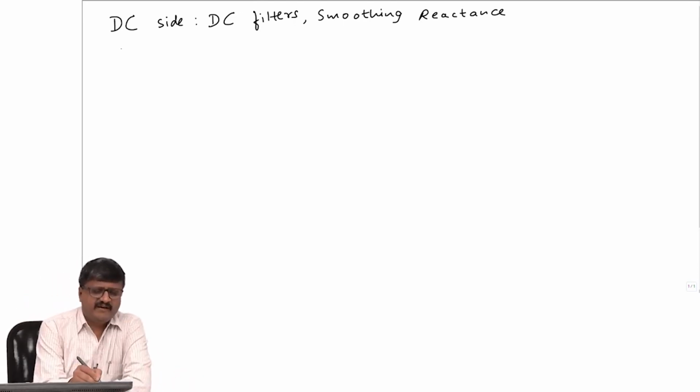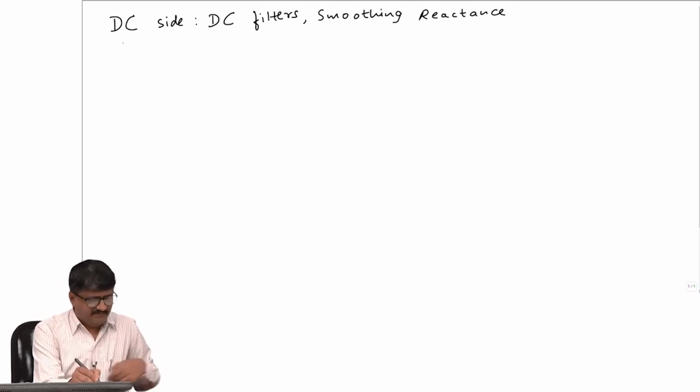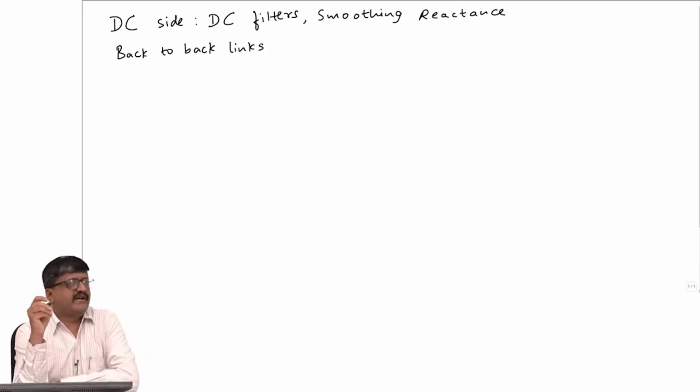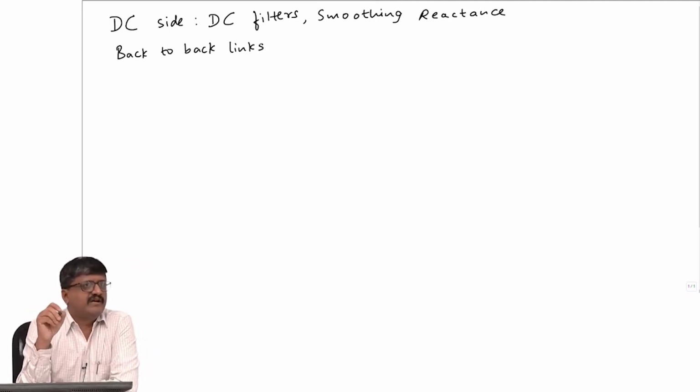If I have only back-to-back links, that means we need to interconnect two systems without having a transmission line. That means the rectifier and the inverter are in the same building. Okay, so there is no transmission line. Such DC systems are called back-to-back links.